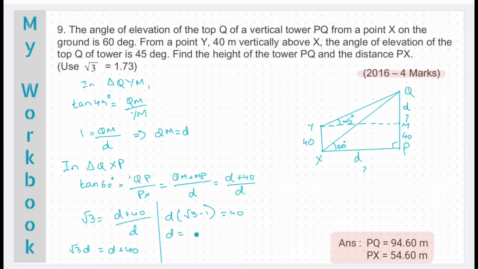So D will be 40 by root 3 minus 1. For rationalizing, let us multiply with root 3 plus 1 in the numerator and denominator. So this will be 40 into root 3 plus 1 divided by, using a minus b into a plus b, root 3 the whole square minus 1 square. So it will be 3 minus 1, which is 2.